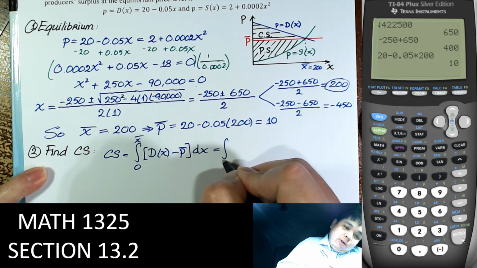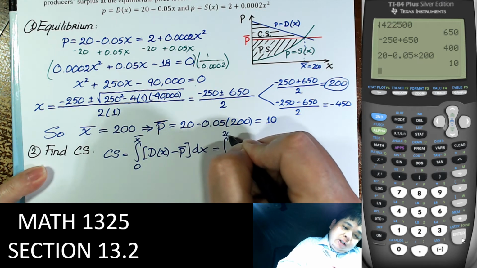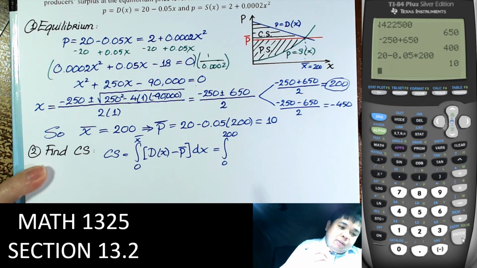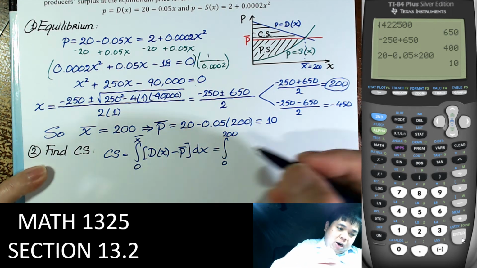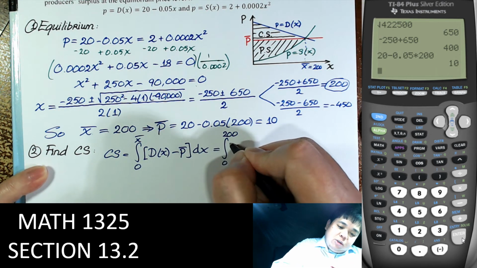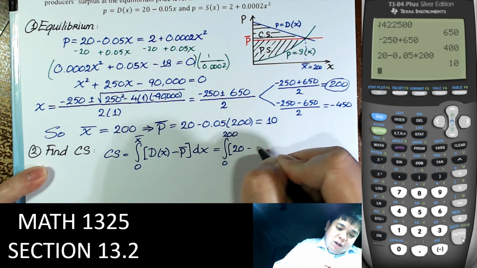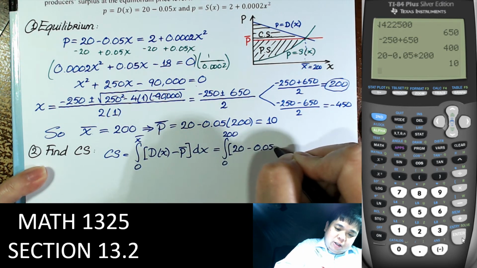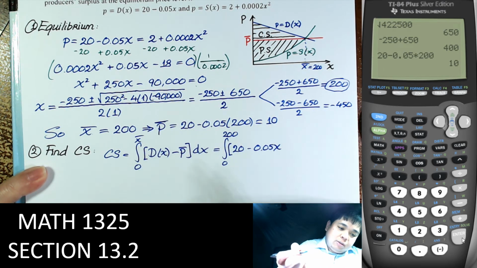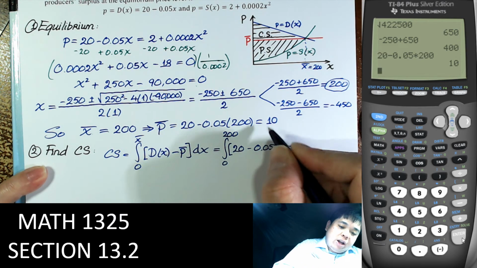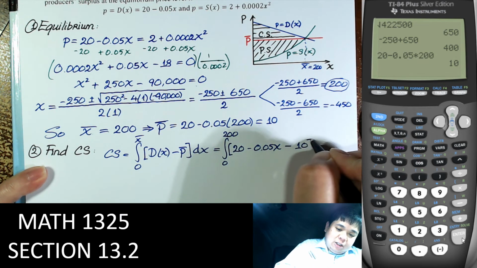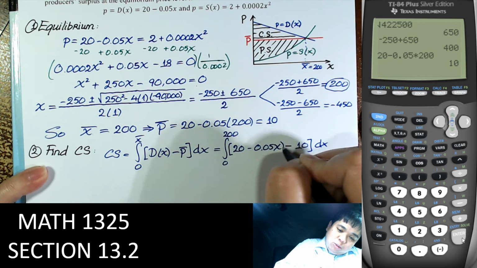So we have 0 to 200 of the demand equation, 20 minus 0.05 x, subtract 10. Put parentheses like this.